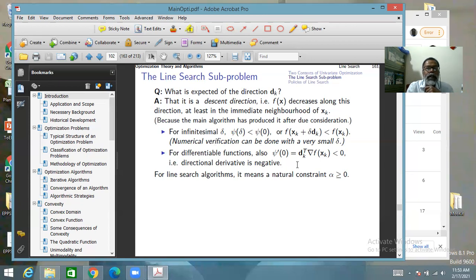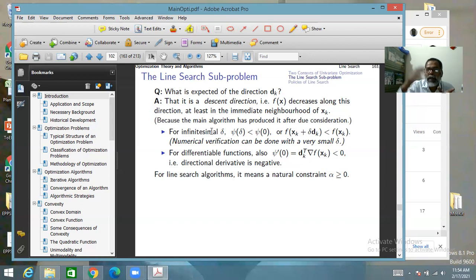So this means that for line search algorithms, one bound is obvious. Alpha is non-negative, actually positive, because there is no point in sitting just here. On the upper side also, alpha may have a bound. In some multivariate methods, an upper bound is also supplied.